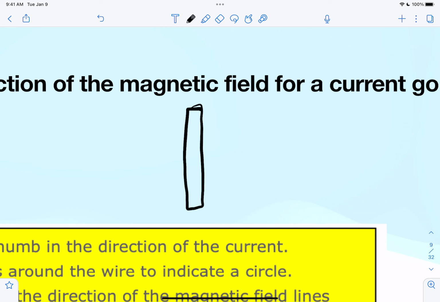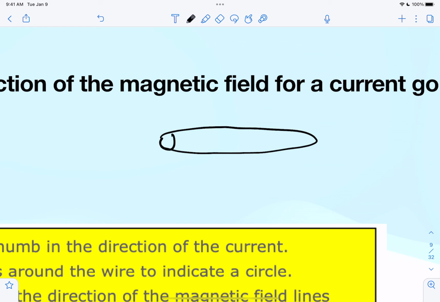So if I had a wire, and this is a horrible wire, with current going to the right. If I looked at point P here, for example, is this going to be into or out of the page? Pretend the page is now like a wall in front of you.